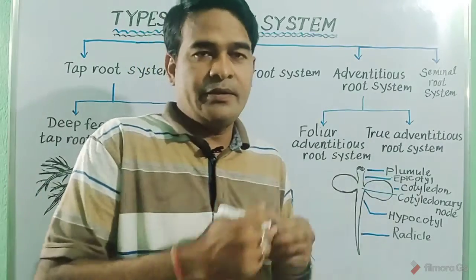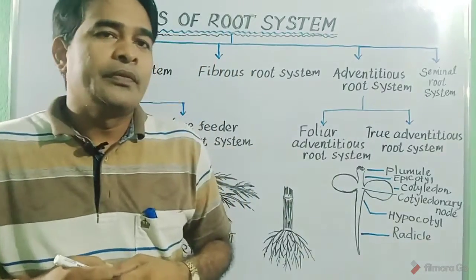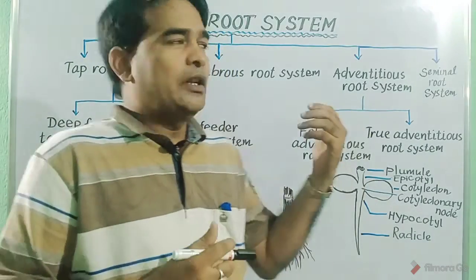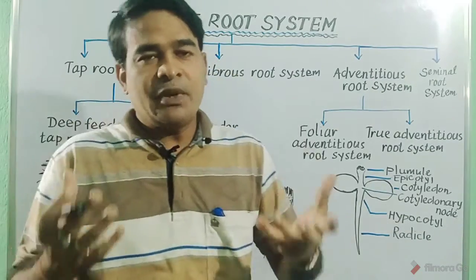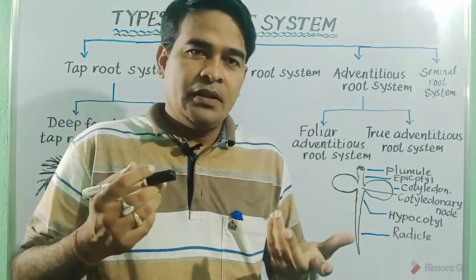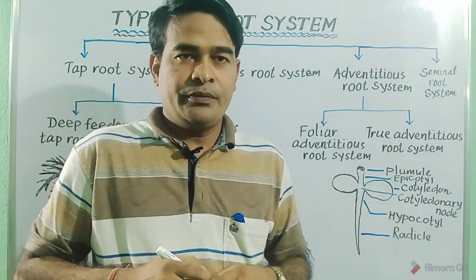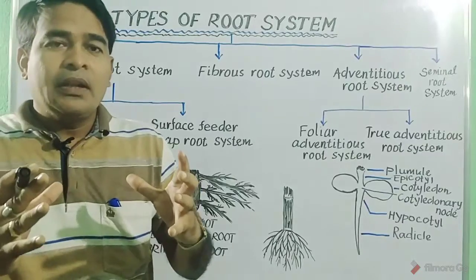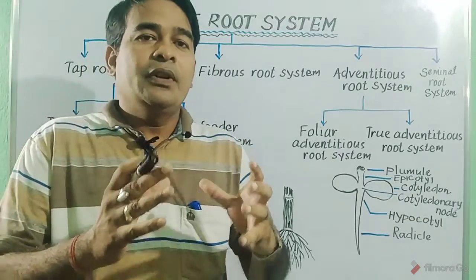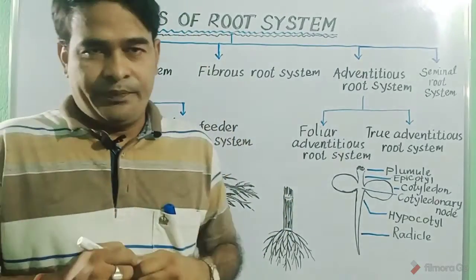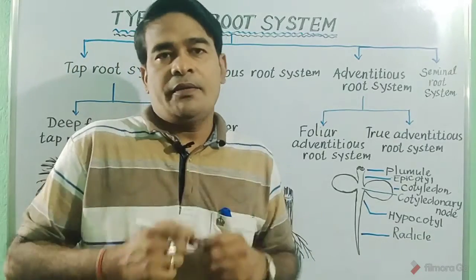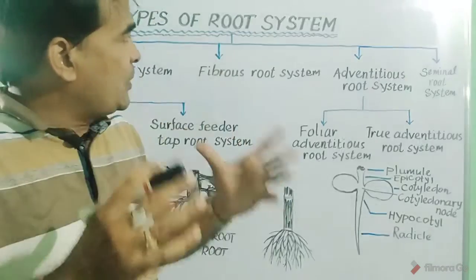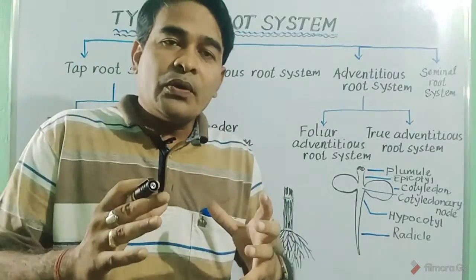As I have already said in the previous class, some pteridophytes also have roots. So all the roots in a plant constitute the root system. In other words, a root system is a complex formed by all the roots of a plant.